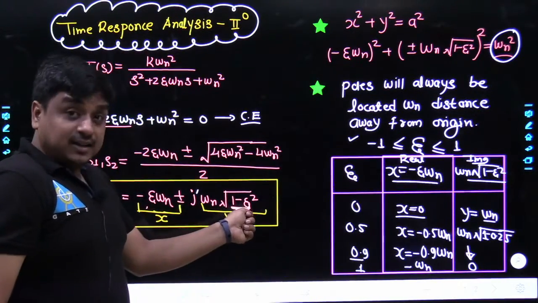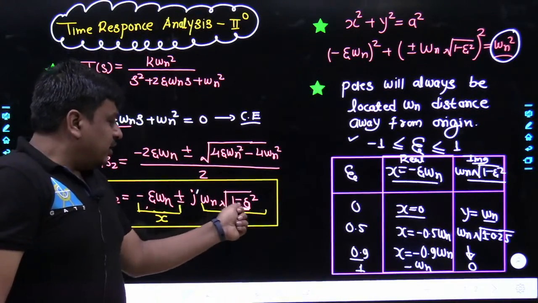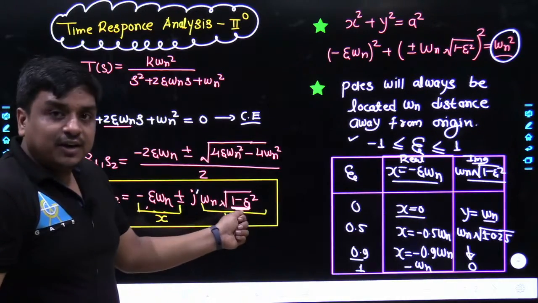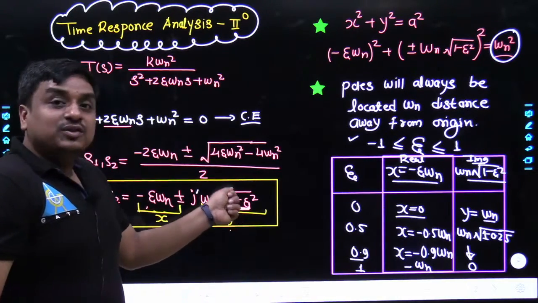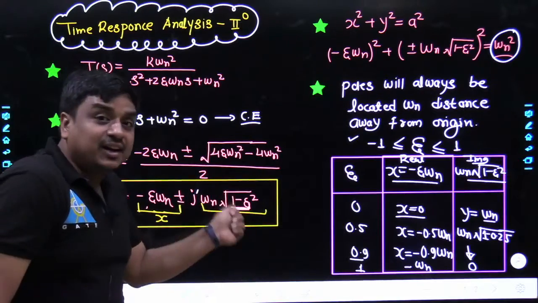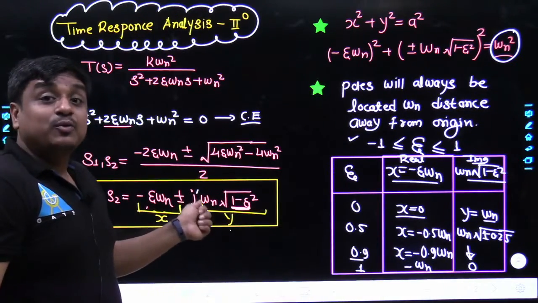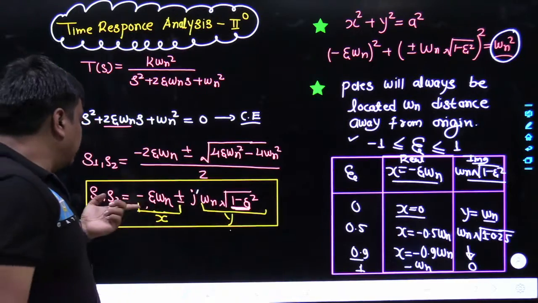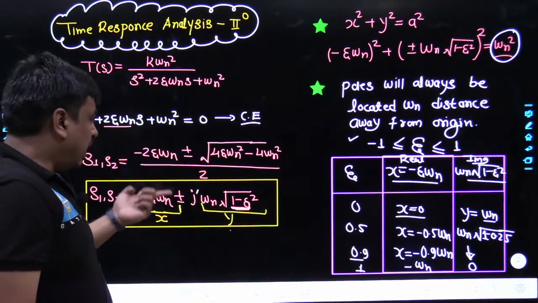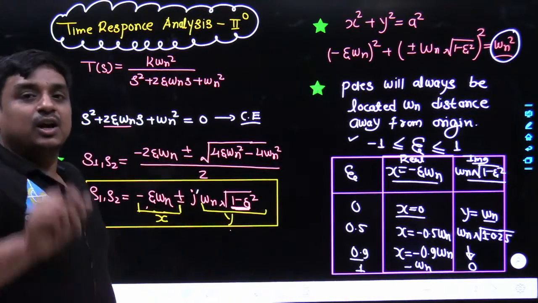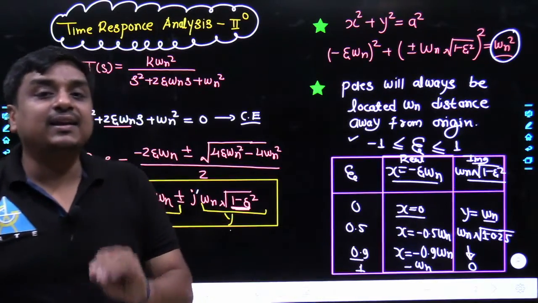If the zeta is greater than 1, 1 minus zeta square would become a negative value, and as the negative value is coming under the root, it would create another iota component. This iota and this iota get multiplied and become a real component, and put together, S1 and S2, after adding and after subtracting, both would be pure real poles.